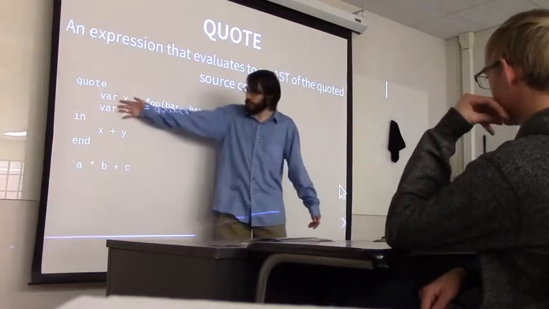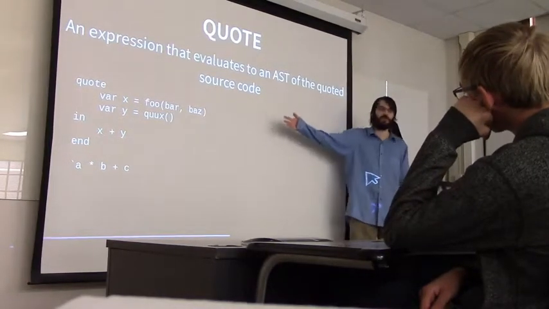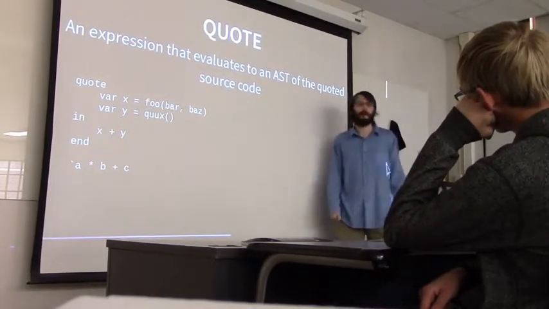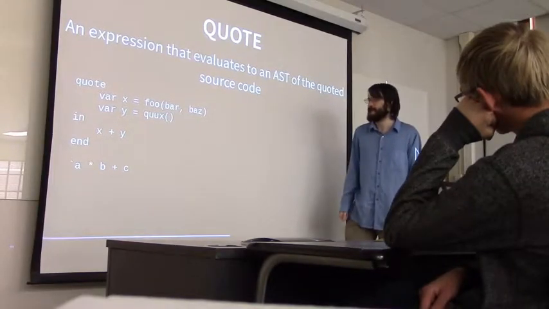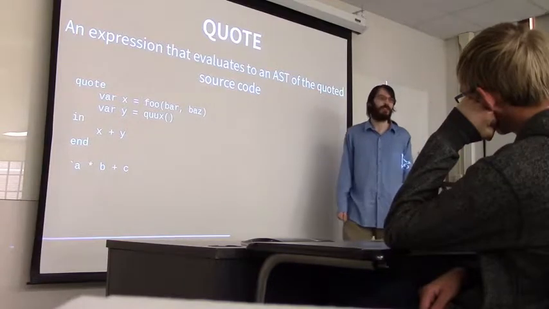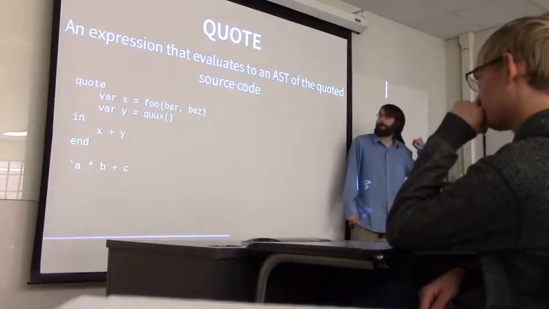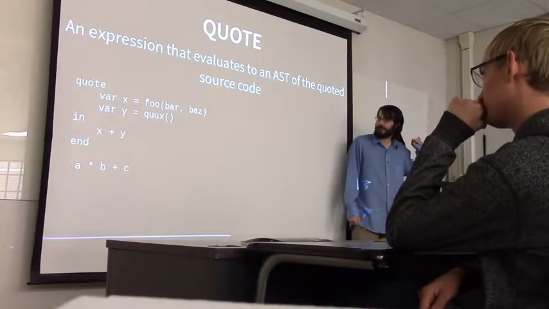You've got your block syntax and your expression syntax to let you conveniently get either. Yes? So that bottom line where it's quote A times B plus C, that's the whole expression A times B plus C as the AST, right? Not just A? Correct. Yeah? So, in the first one, you've got the in, right?